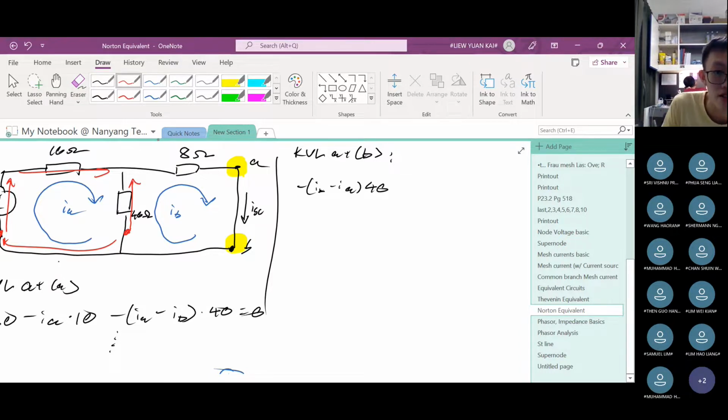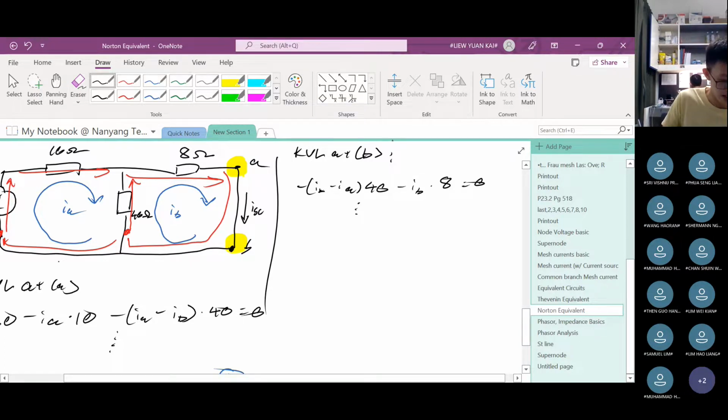Then I go to here minus IB times 8. Then go to here, there's nothing. Go to here, there's nothing. I come back, I need to equate it to 0. So you expand and simplify this, you should get 40 IA minus 48 IB equals to 0, right? So this is your second equation.